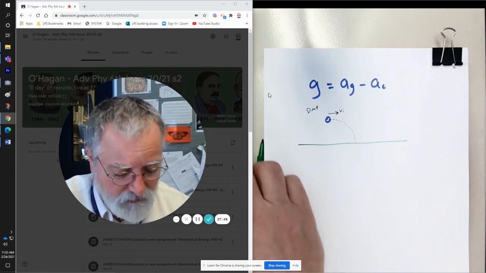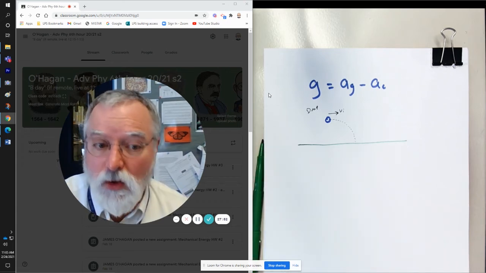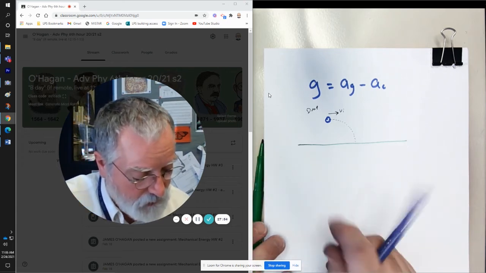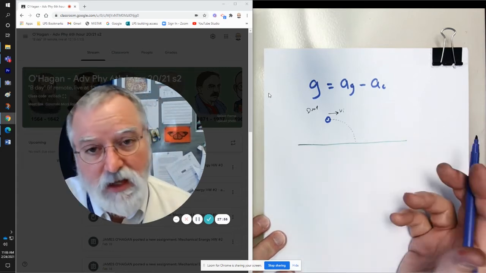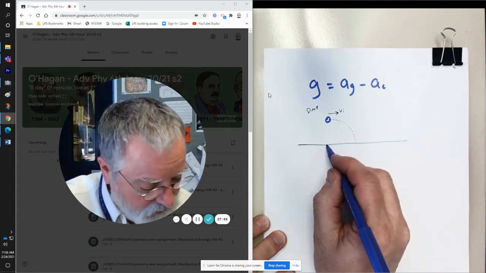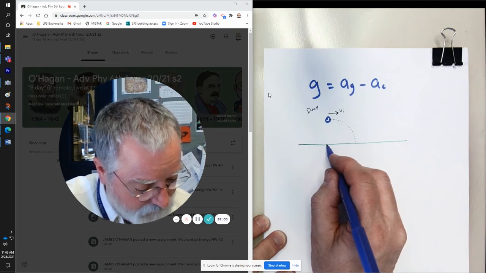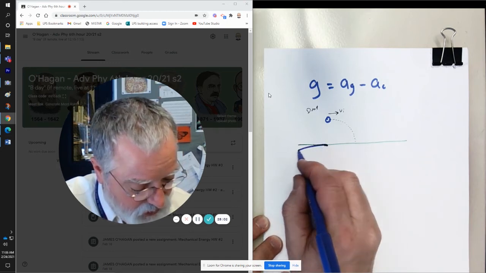Okay, now think about on Earth. Earth isn't flat, contrary to what some people believe. Earth is a big old giant ball. So here's my big old giant ball.